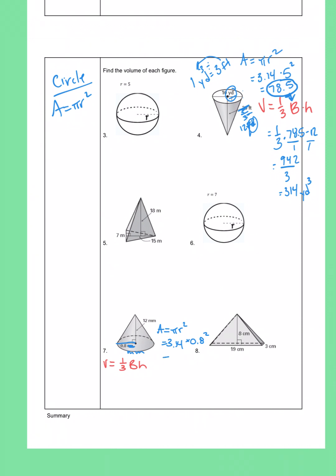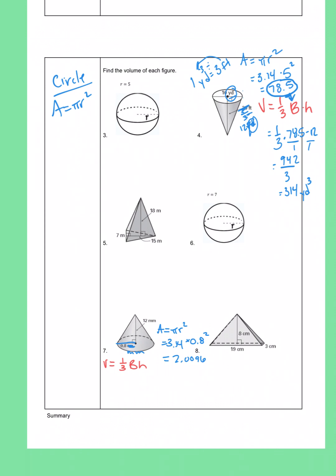I'm going to put that in the calculator. I'm going to do the 0.8 squared first, so 0.8 times 0.8 first, and then I'll take that answer times 3.14. And that's going to be 2.0096. It's a little bit long, but it does end, so it makes sense just to write it all out. If you want to round, you could round also. You get a more accurate answer if you leave all the numbers in.